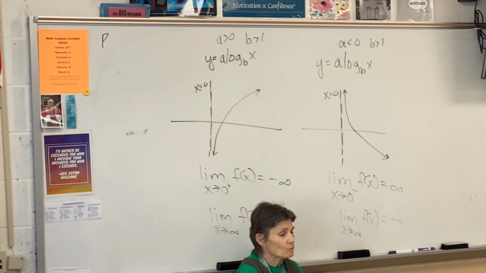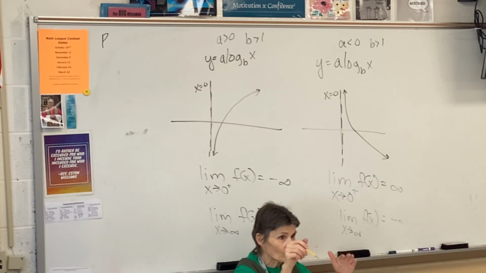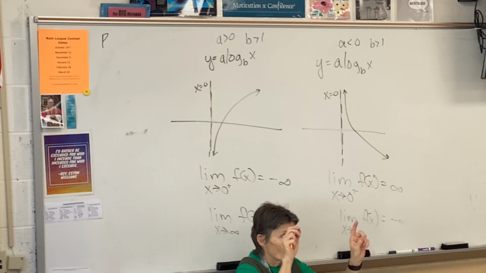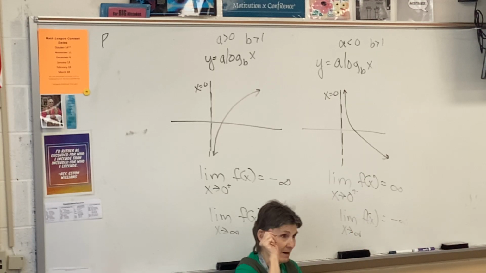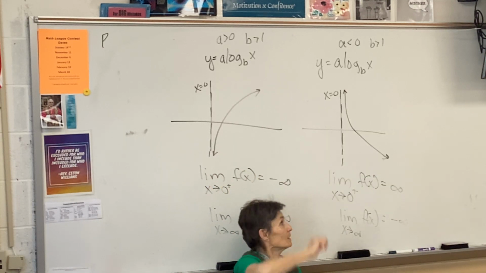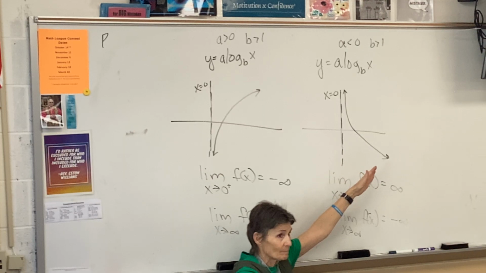Now C, you have to draw yourself, so stop and think. The base is bigger than 1, so it's normal. The 4 is negative, however, so it's going to take the normal and turn it upside down. So this is what C is going to look like. Does that make sense to everyone?